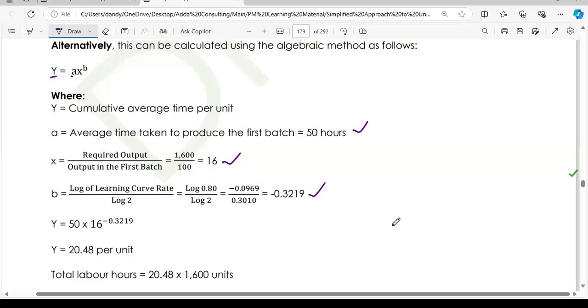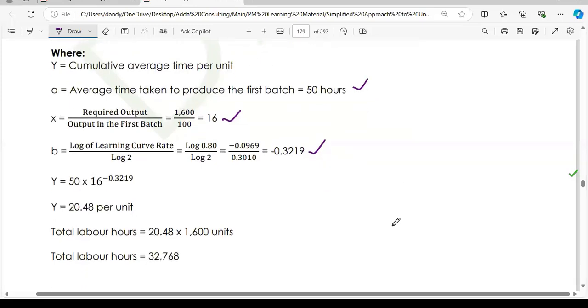Since I've gotten all the relevant variables, I need to apply them into the formula. A is the average time taken to produce the first batch, which is 50, multiplied by the required output over the output in the first batch, which is 16, raised to the power of log of learning rate over log 2, which is minus 0.3219.